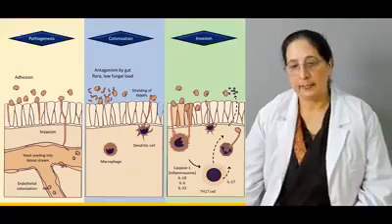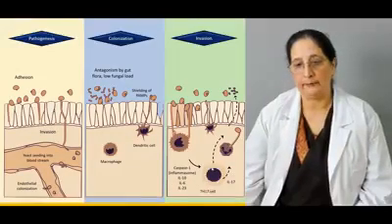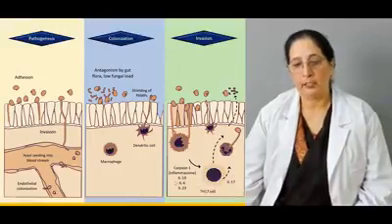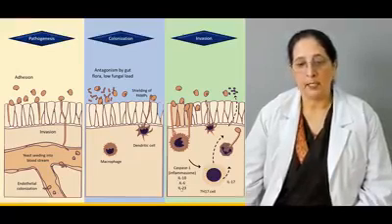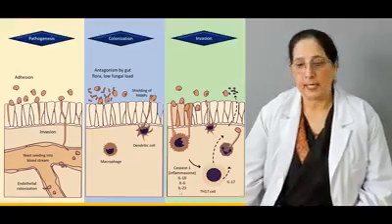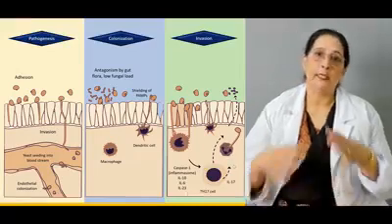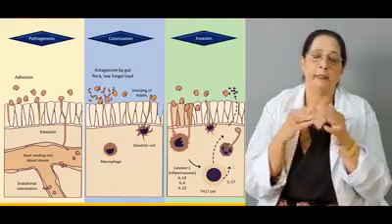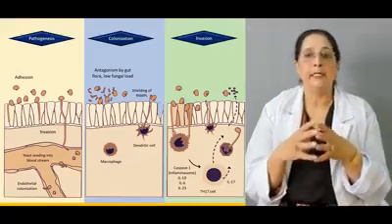Then we have the caspase 1 inflammasome. That's the inflammasome which causes interleukin 1 beta, interleukin 6, and interleukin 23. So all these are the chemical mediators.